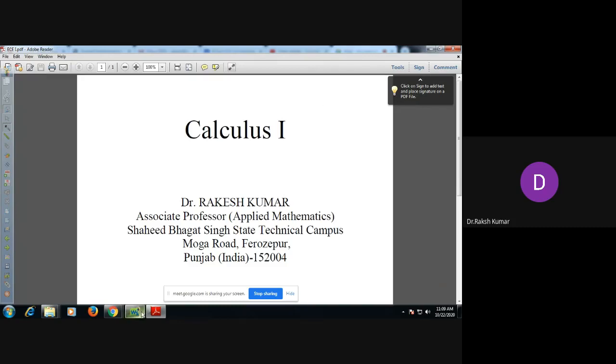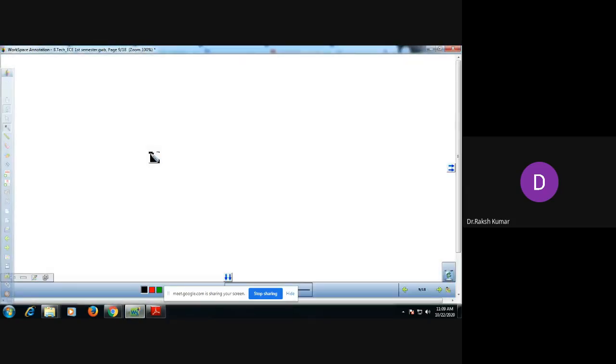We shall continue this topic in the polar form today. The name of the topic is volume formulae for polar equations.